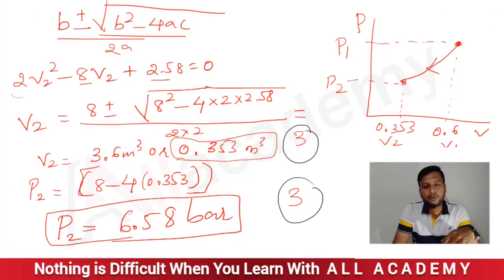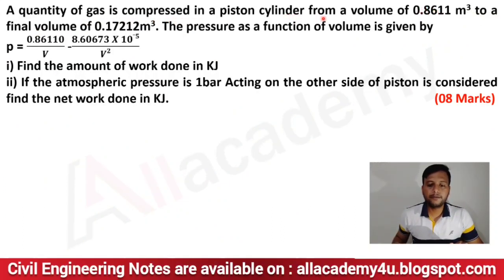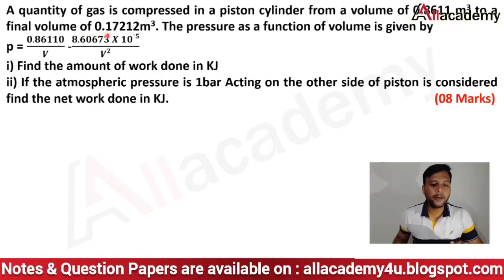So let us move to the next numerical. A quantity of gas is compressed in a piston cylinder from a volume 0.8611 meter cube to a final volume of 0.17212 meter cube.